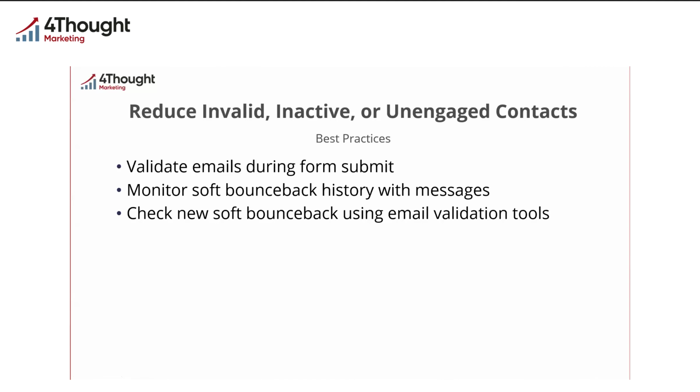So they're going to double check. And if they are no longer valid, then they're going to take action, which might be removing them or taking some other action. But again, that's another way to increase the quality and ensure that you don't have inactive contacts and unreachable contacts that could potentially be hurting your sender score.